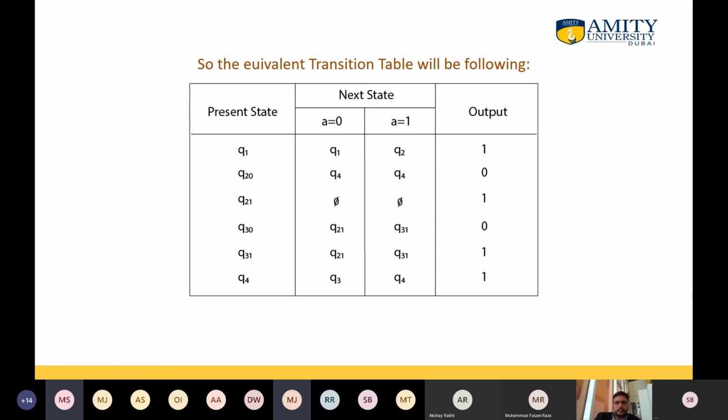But I don't understand. Here we have A equal to 0 and A equal to 1, but previously in the Mealy machine we had A and B. So where is that B? What did we do to that B input? So is it like B is equal to A is equal to 1?